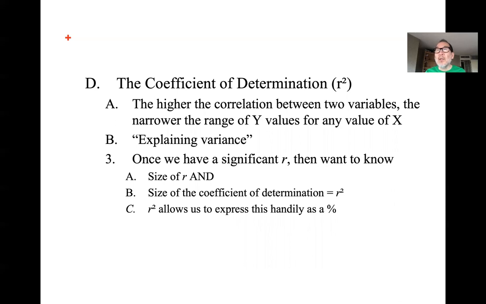And what that percentage tells you is how much of the variance in B is accounted for by A. It doesn't mean how much B is caused by A, but how much A accounts for, explains the variance in B. All righty. So you just take the R and you square it.